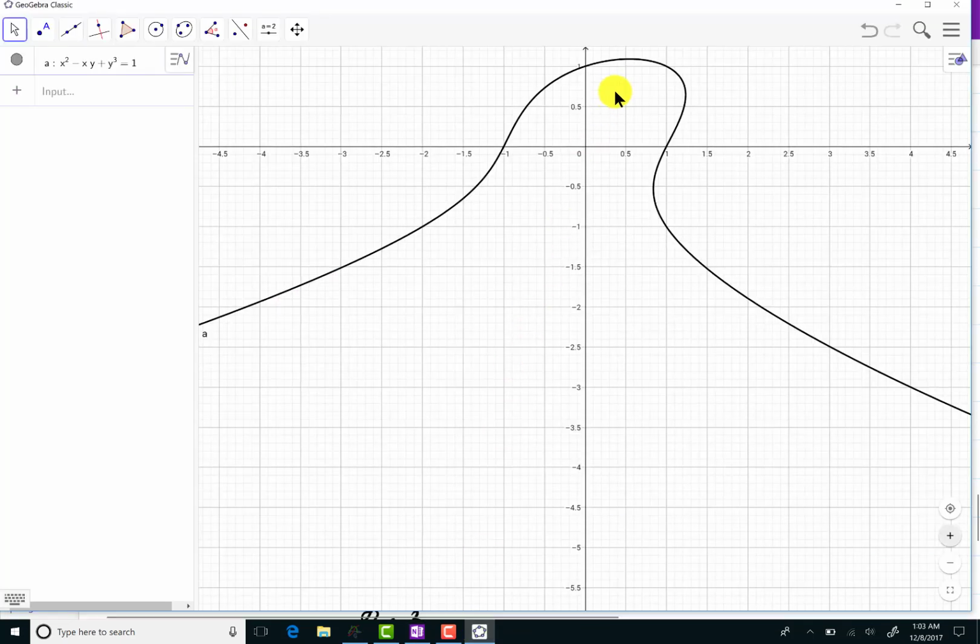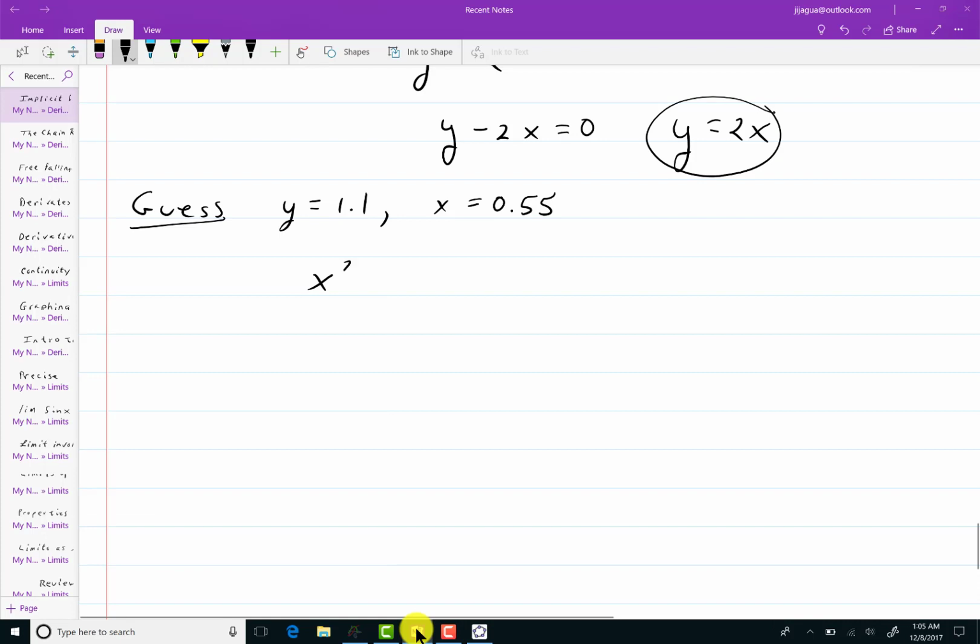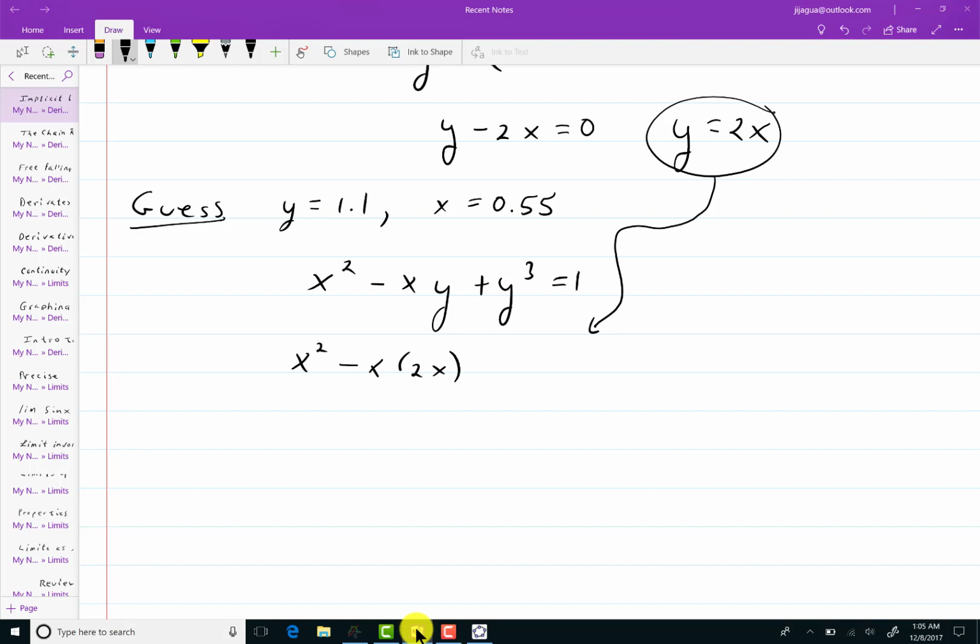What I can do, though, is take x squared minus xy plus y cubed equals 1, and plug in y equals 2x. So we'll have x squared minus x times 2x plus 2x cubed equals 1.